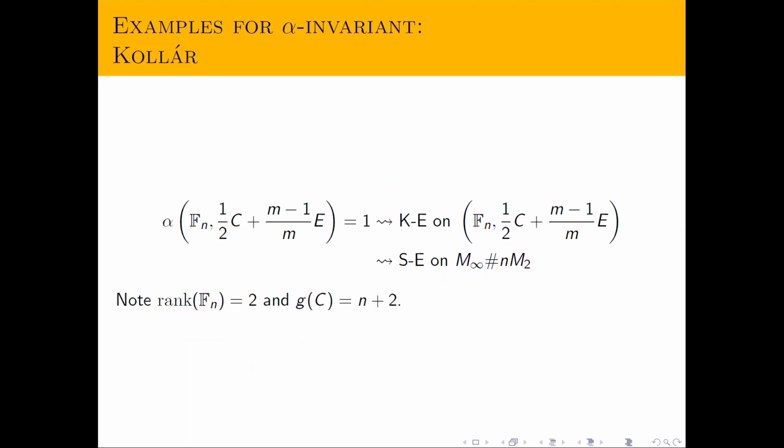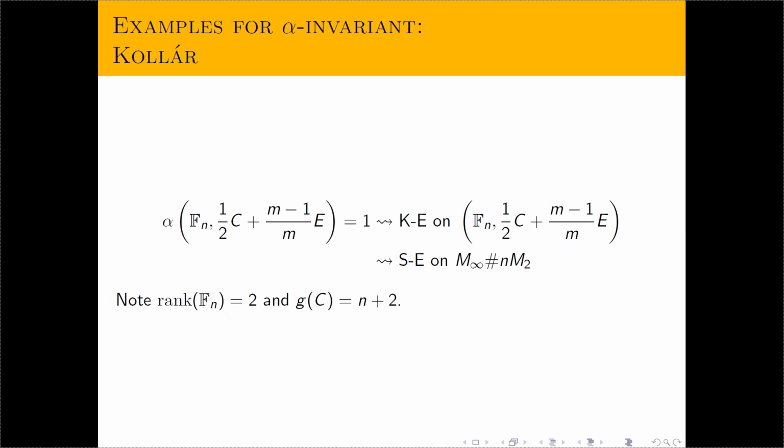Then this is the orbifold, and you can construct the S1 bundle on this OB4. And then you compute this alpha invariant and it turns out to be 1. That means you have a Kähler-Einstein metric on this OB4. Then you have the Sasaki-Einstein metric on this 5-manifold.